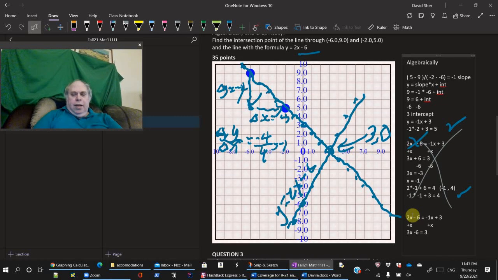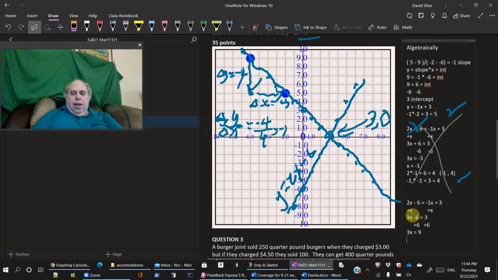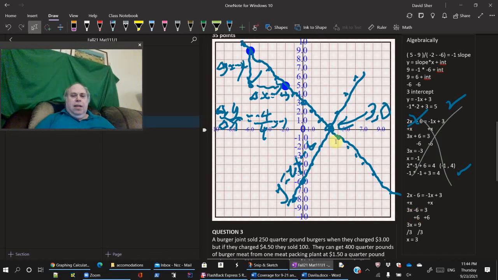And then we add 6 to both sides to cancel the minus 6, and we get 3x equals 9. We divide each side by 3. We get x equals 3, which is the number we got here. So this gives me 3, like this.